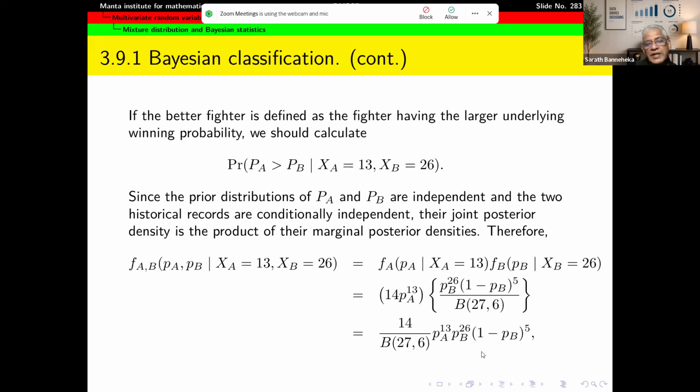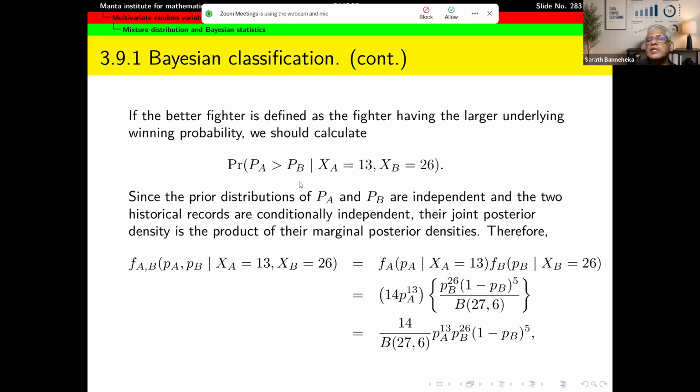Now we want to integrate this joint density over a subset of the support satisfying this condition. The support here is actually a square. PA can be between 0 and 1, and PB can be between 0 and 1.